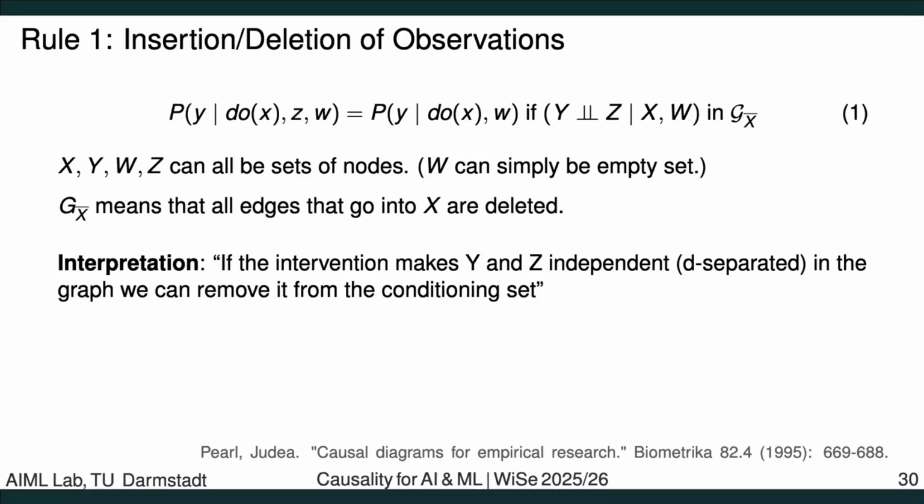And here we observe the graph where all edges into X are cut, which basically is the do operator in that case. But just a hint, don't get confused if you see something else. I think it's an X hat that is used in some of the papers.